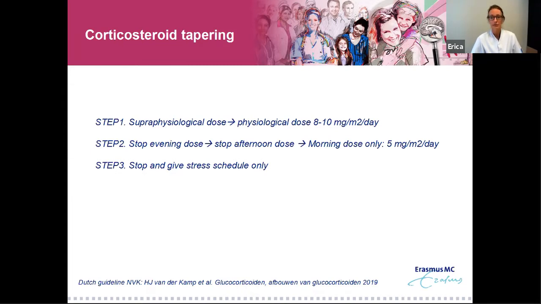And they really searched the whole literature to answer this question. And I must say there is little literature on it, but there is a very good suggestion on expert-based opinion how to address this. Step 1, you taper the glucocorticoid dose from supraphysiologic to a physiological dose.